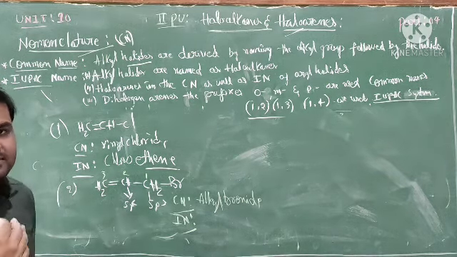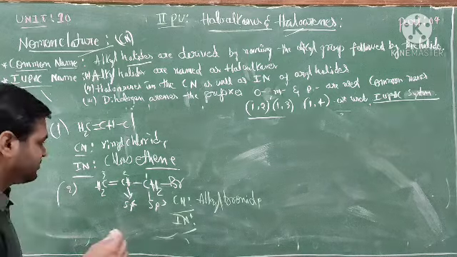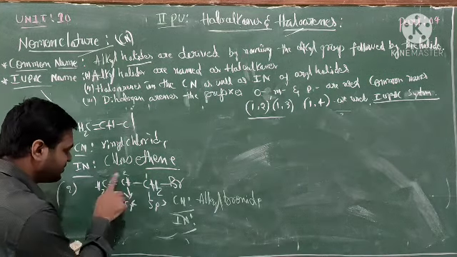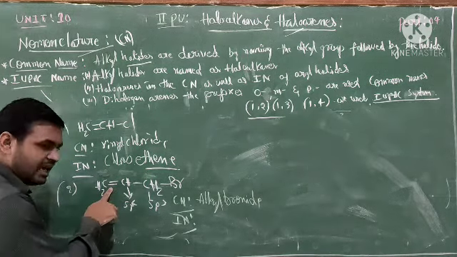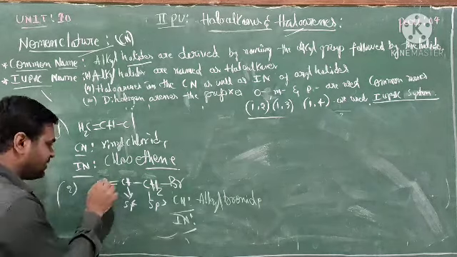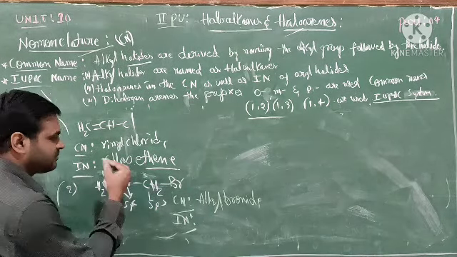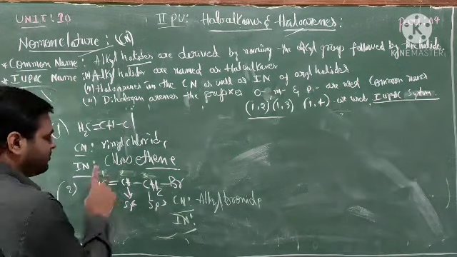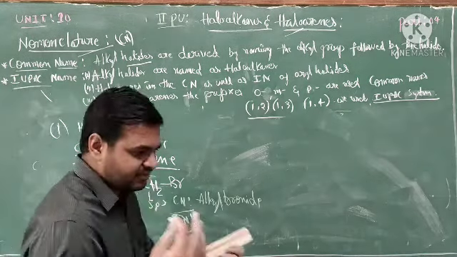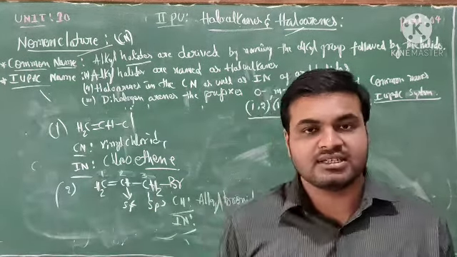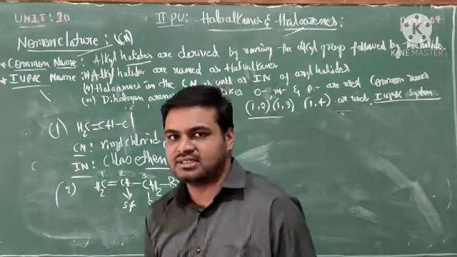So this numbering is not right. Write the double bond starting with lowest numbering 1, 2, 3. Clear? Don't forget, when a double bond is present, it must get the lowest numbering.